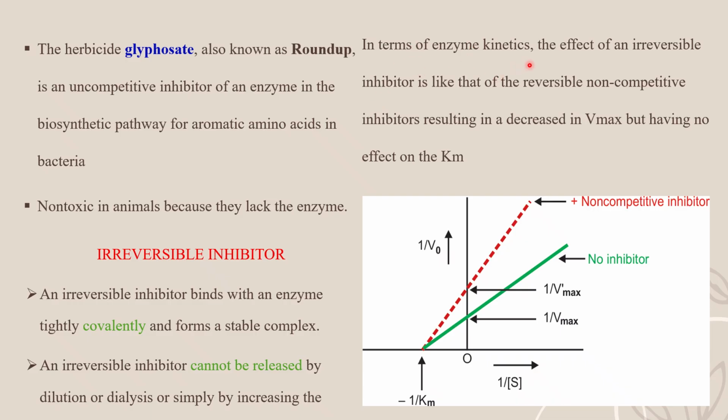So, in terms of enzyme kinetics, the effect of an irreversible inhibitor is like that of a reversible non-competitive inhibitor, resulting in decreased Vmax but having no effect on Km. So this kind of graph is obtained. There is no change in Km while the Vmax is decreased.